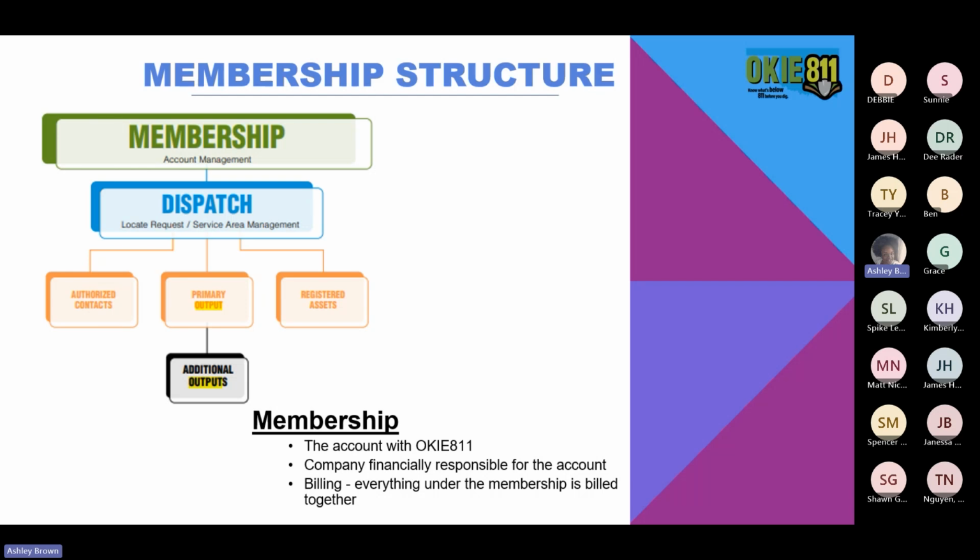The membership is your overall umbrella account with Oki 811. All of the billing and contact information for your organization is under the membership level, and it is possible for one membership to have more than one dispatch code.